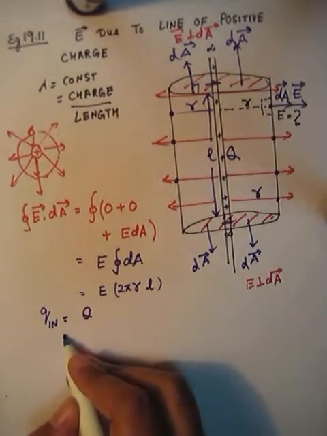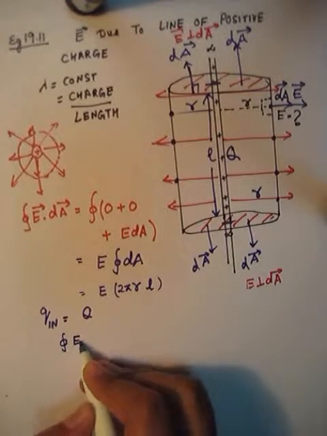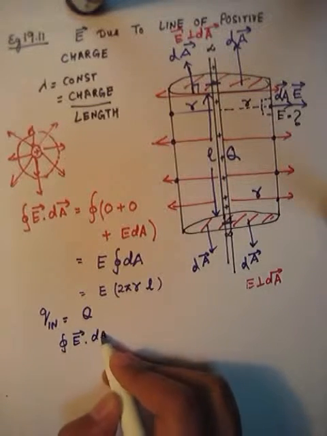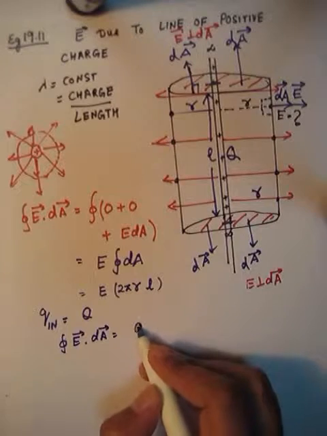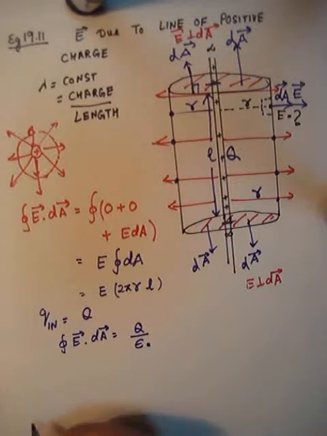Then Gauss's law turns out to be E vector dot dA vector equals charge upon epsilon naught.